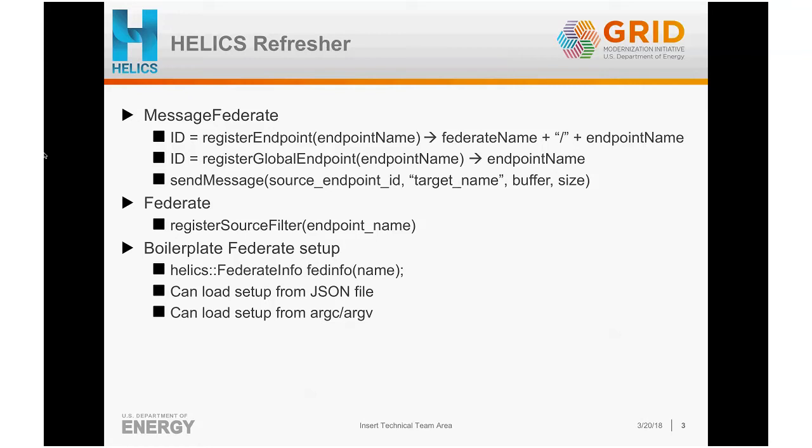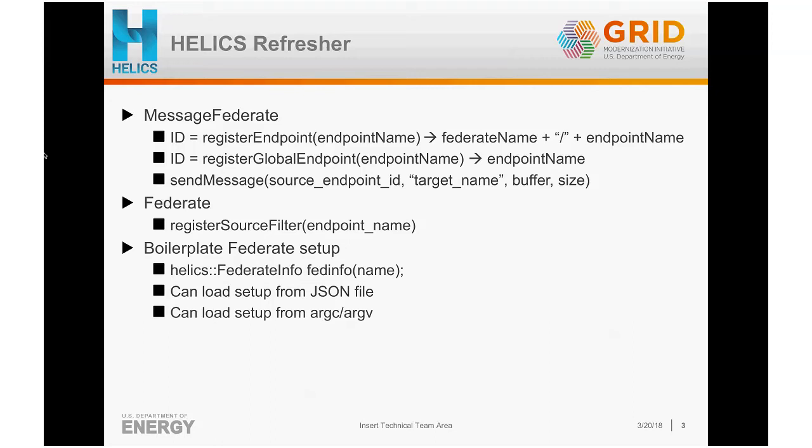Sometimes with some simple setups, maybe 1 or 2 federates, it might be easier to use global endpoints, which just registers an endpoint name exactly as you specified. And then you're able to send messages using the message federate, using the endpoint that you registered previously, and given a string name of the endpoint you're trying to send the message to.